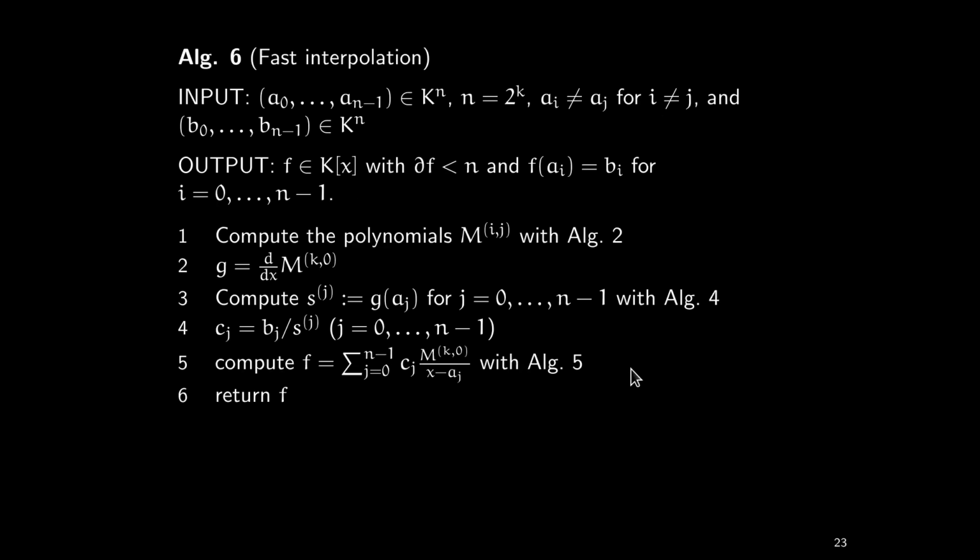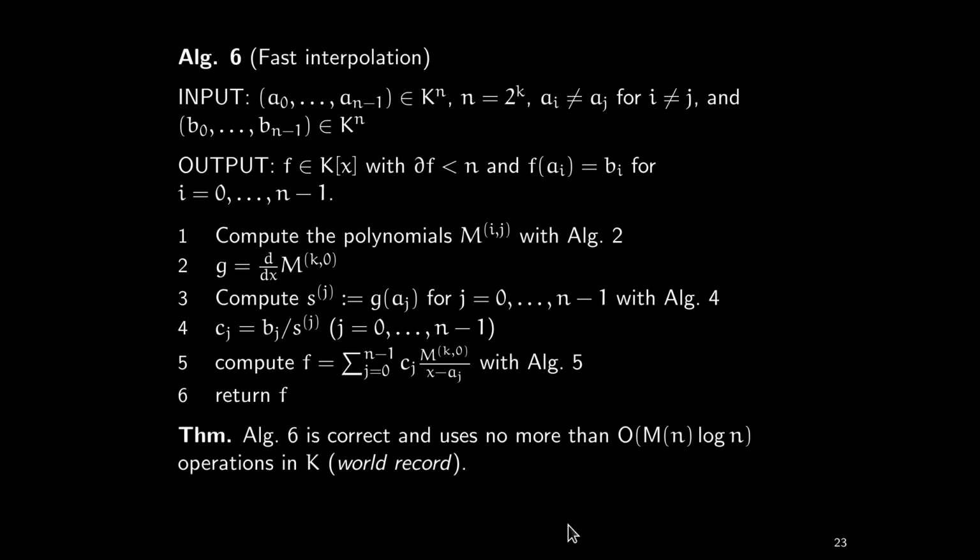And we have seen this is also O(M(n) log n) time. So everything here is at most O(M(n) log n) time, and therefore it is fast. This is the fastest algorithm that we know for solving the interpolation problem.